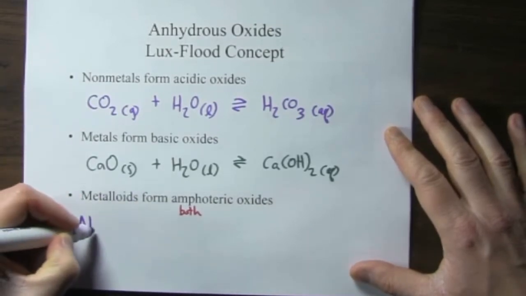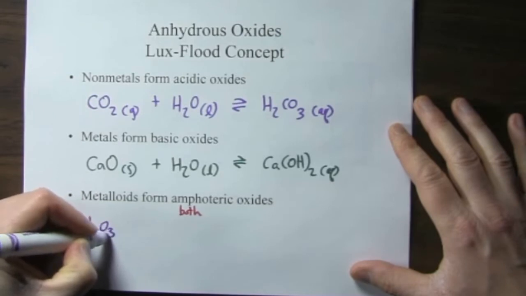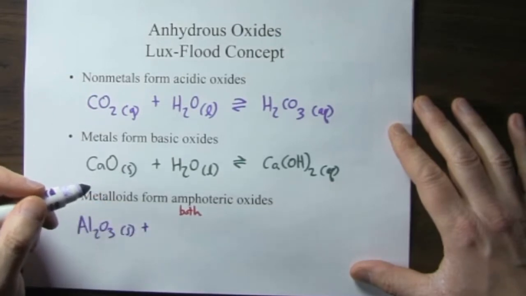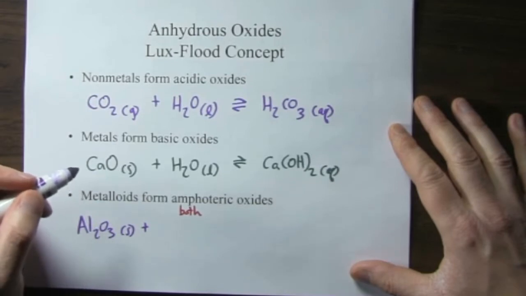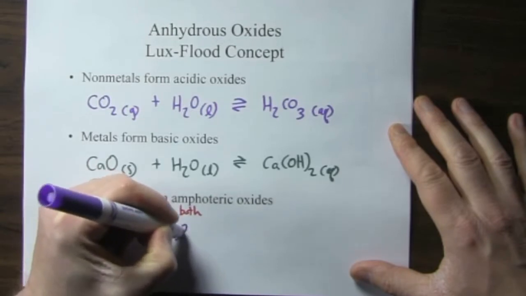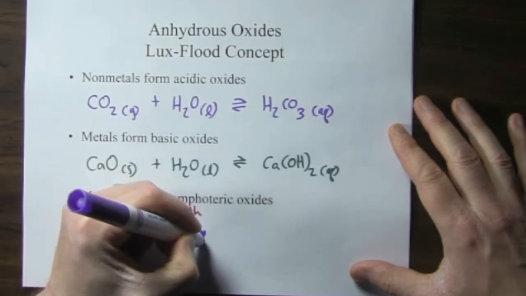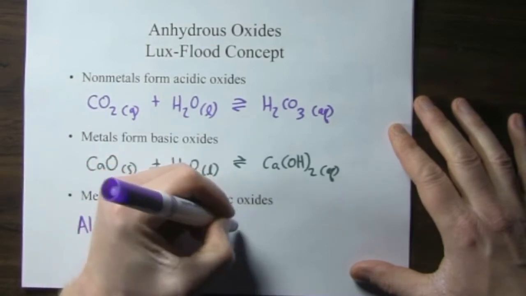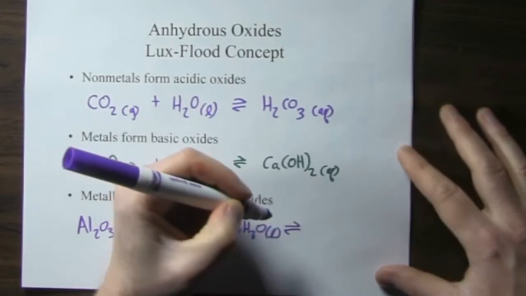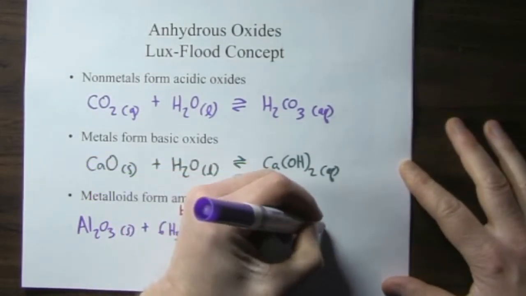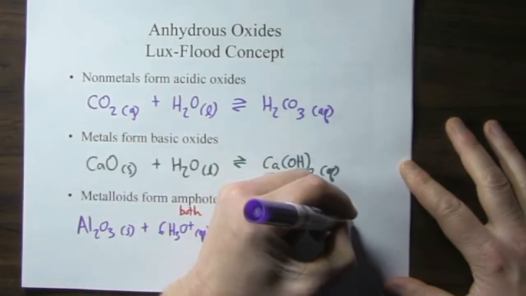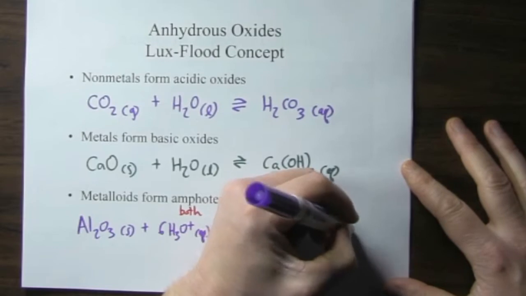Say aluminum, a metalloid, so aluminum oxide or alumina, a solid. React this with protons, so it's going to act as a base because it's going to absorb protons. If we add it to acidic water, it'll dissolve and form a hydrated ion.